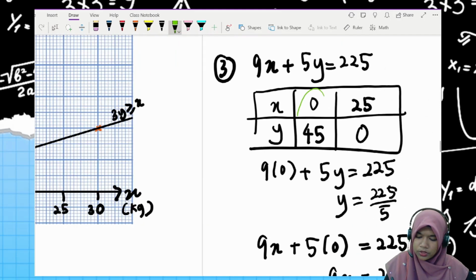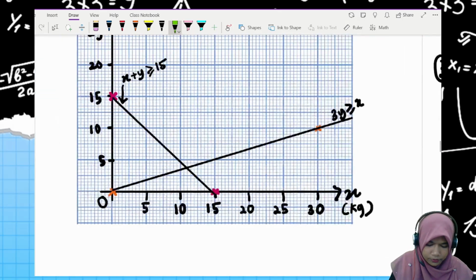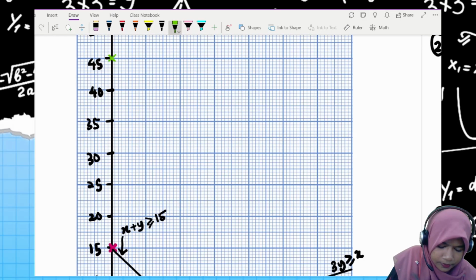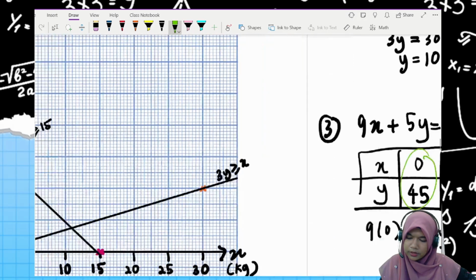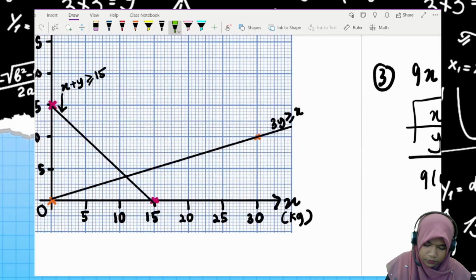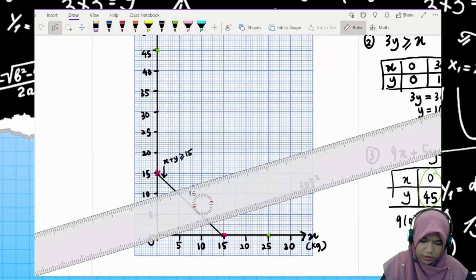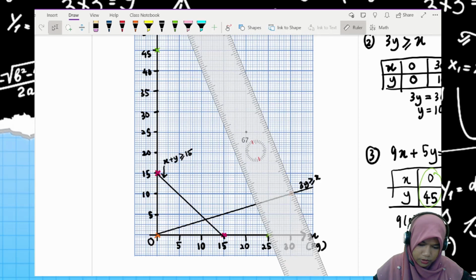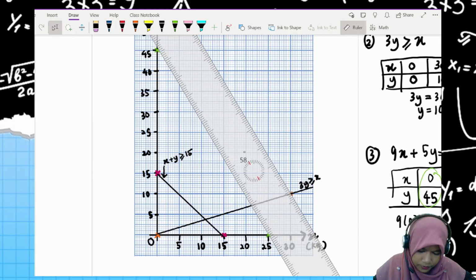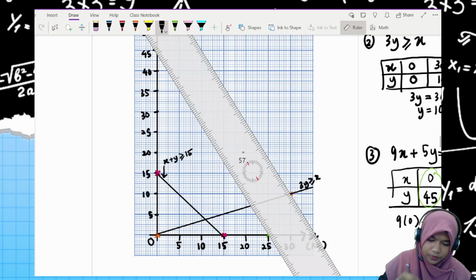When x equals 0, y equals 45, so (0, 45) here. And another one, when x is 25, y is 0, here. Then take the ruler and join the points. It is not accurate here either. Where is it? It moved.